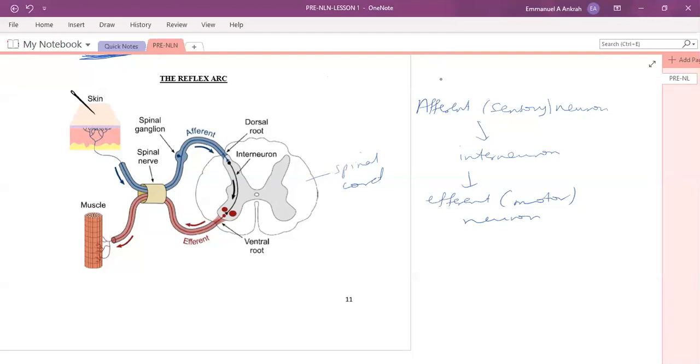The first one says, the spaces between neurons are called A, synapses, B, dendrites, C, interneurons, and D, cell gaps. A. A, synapses, that's correct. Synapses, the spaces. Good. If you're not happy with the answer, you can let us know and then we'll discuss it further.